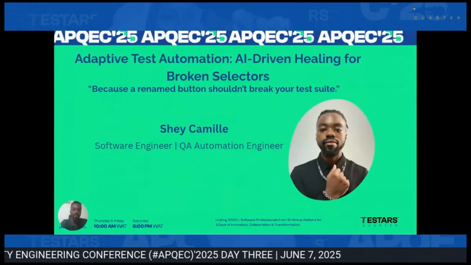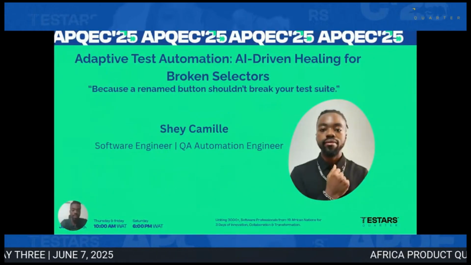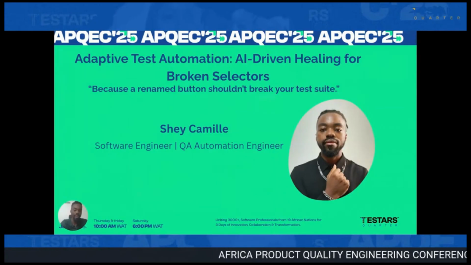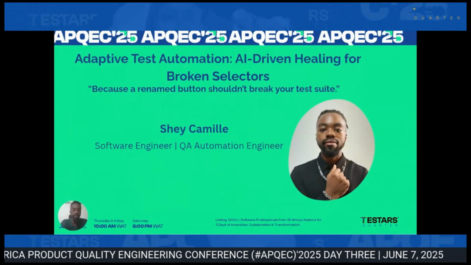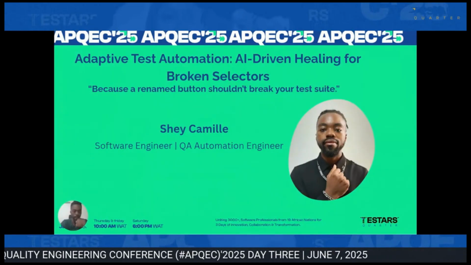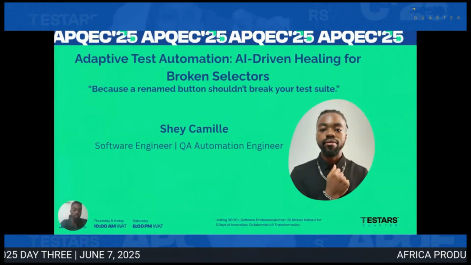How do we adapt to UI changes without constantly rewriting our tests? How can AI help us heal broken selectors and bring more stability to our pipelines? My name is Shey Camille, and in this session, we will unpack the world of adaptive test automation.